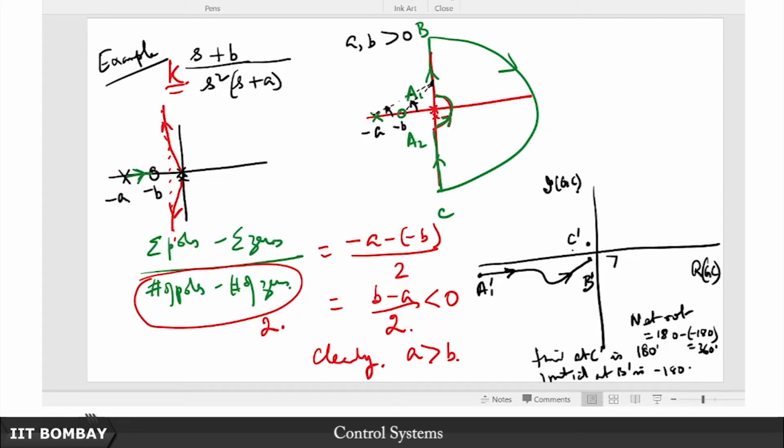Now once that has happened, once I have been able to draw this, I really do not have to draw for the segment C dash to A2, yeah, because it is just going to be a mirror image of this, yeah. So I am just going to, okay, even if it does not look like a mirror image, that was my intention, to draw it as a mirror image. Again, my drawing skills have gloriously failed me, yeah.